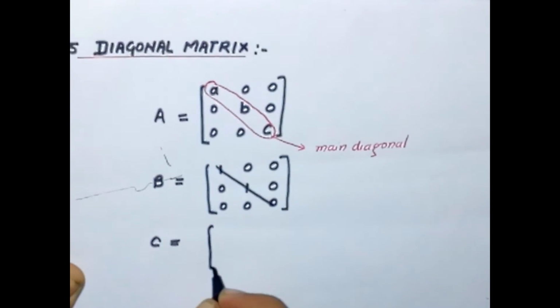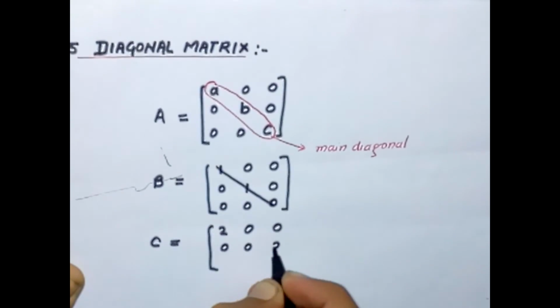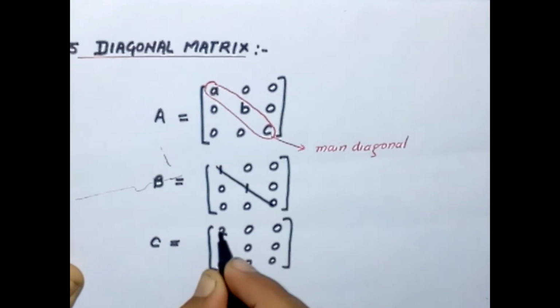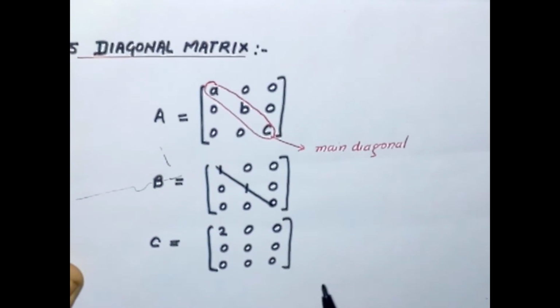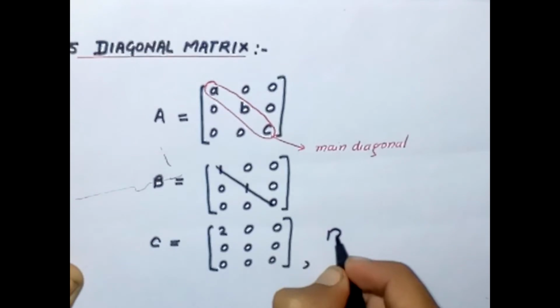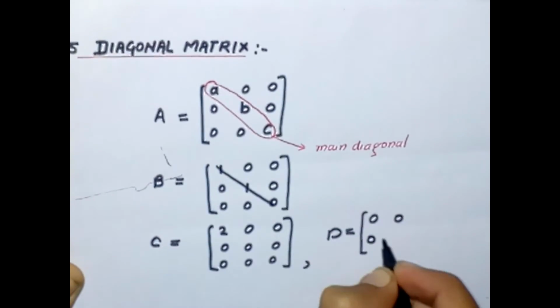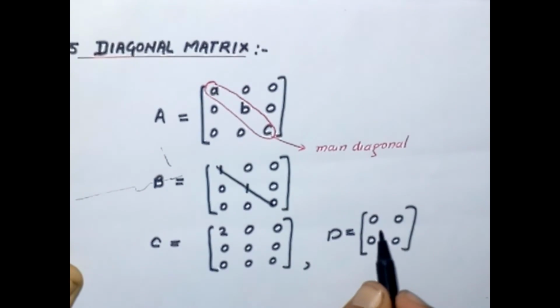This is also a diagonal matrix because a non-zero element is present along the main diagonal. But the matrix, this is not a diagonal matrix because all the elements along the diagonal are 0.